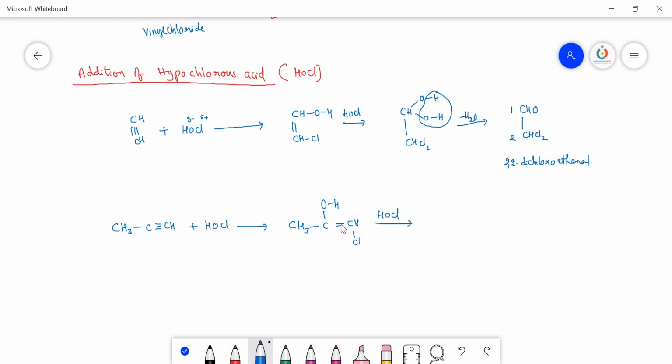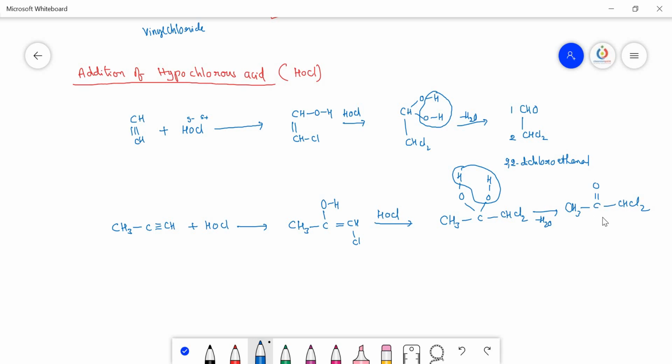Again you add HOCl because unsaturation is still there. So here you will get the CH3, I'll write it like this to make it easier, and here CHCl2, remove one water molecule. So you will get CH3, here C with oxygen, so you just develop the double bond, and CHCl2.